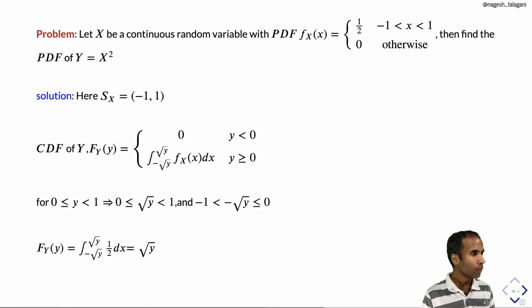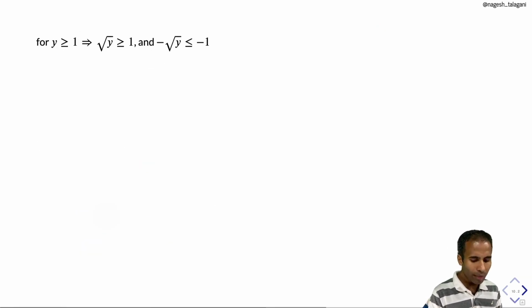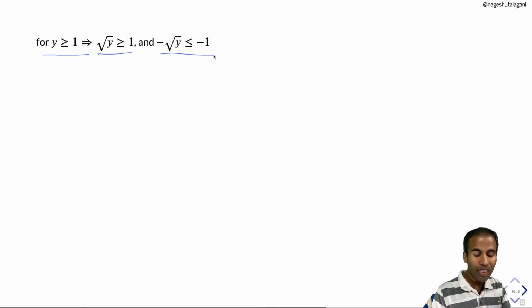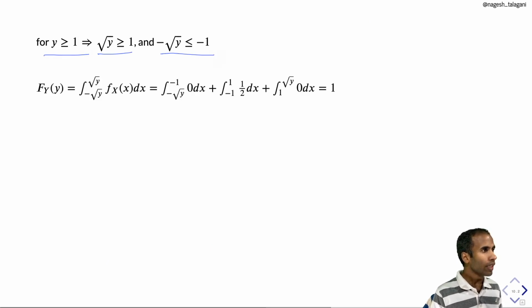Fine. Now, for y greater than or equal to 1, we can see that root y is greater than or equal to 1 and minus root y is less than or equal to minus 1. So, the integral from minus root y to root y of f of x dx we can break into three parts: minus root y to minus 1, minus 1 to 1, and 1 to root y.